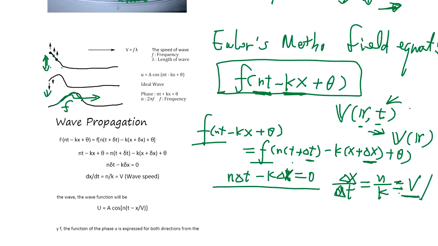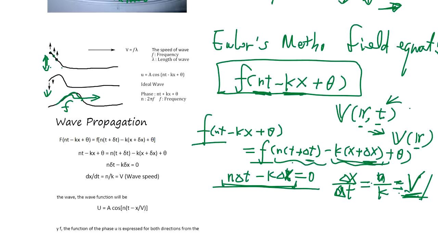This is the root of wave perception. Why does it look like it's moving at the speed v? It's because this field equation has a time variant and a location factor, and their relationship omega over k is v.